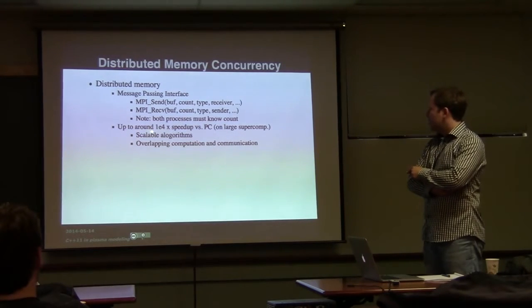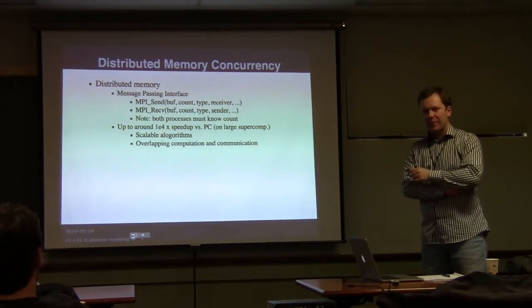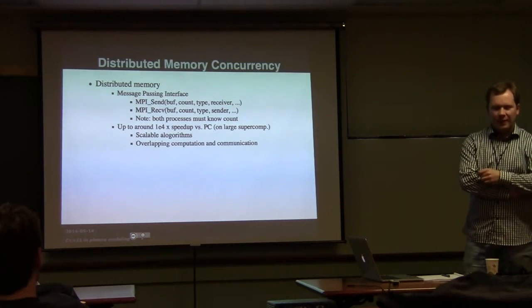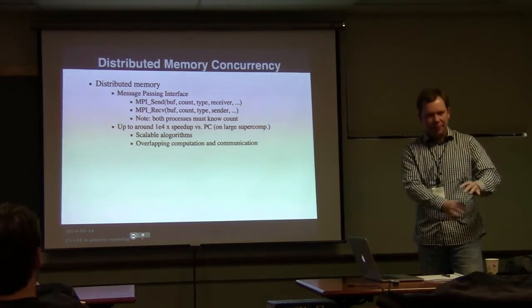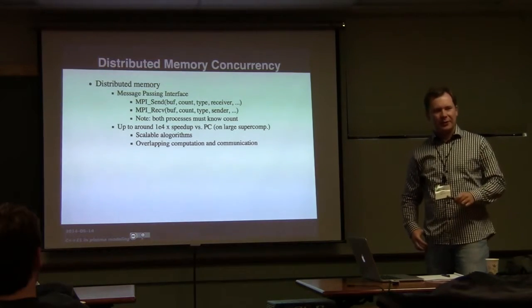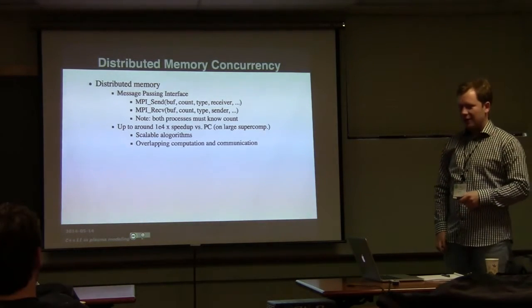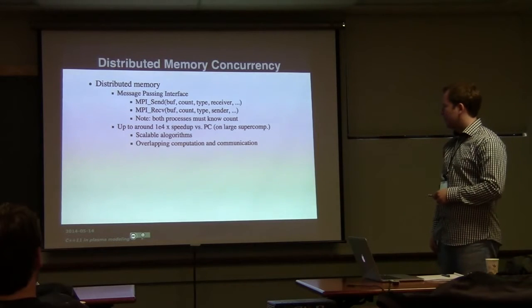At best, if you have a large enough supercomputer, you can get a factor of 10,000 speedup compared to any one PC or even a pretty big server. You can use hundreds of thousands of cores on the largest machines.